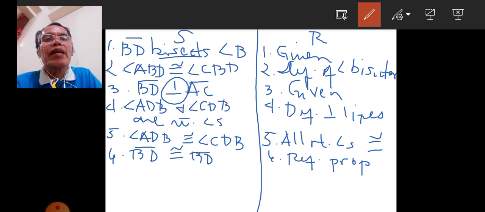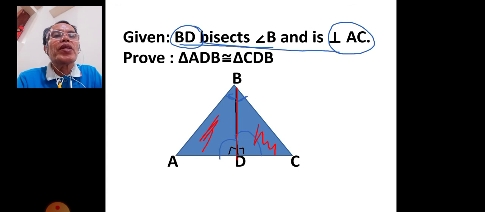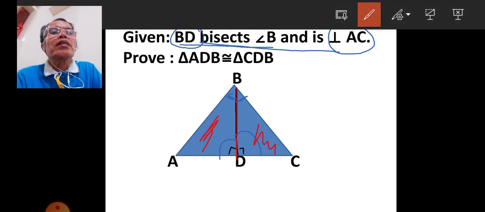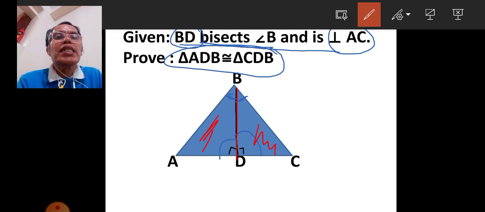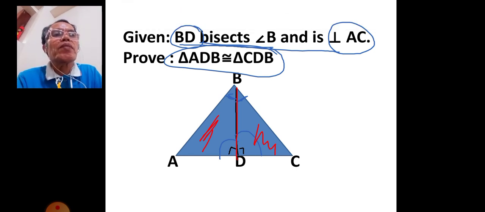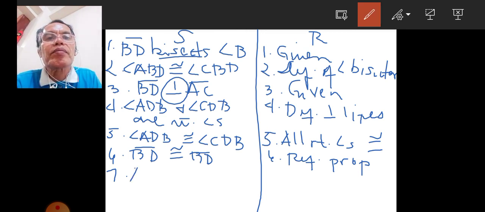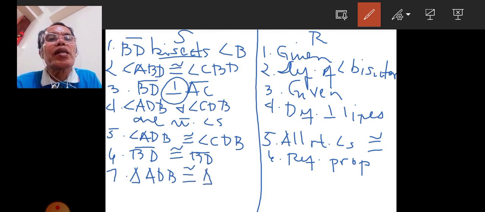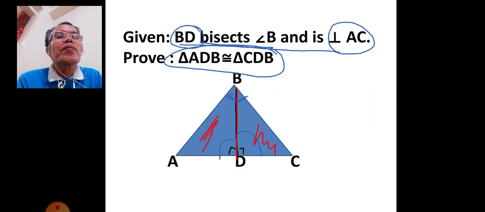So number 7, the last statement must be the one that we are going to prove, that triangle ADB must be congruent to triangle CDB. So what would be our reason?